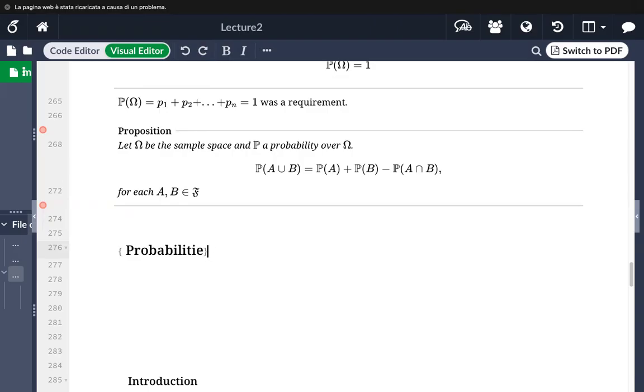So now I will start the topic of conditional probabilities.